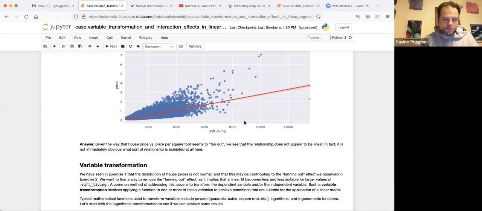What the logarithm does is make the smaller values proportionally larger and the large values smaller. So it has a compression type of effect, okay? We're going to see what happens when you take a logarithm, but you will see that those extreme values will be much less extreme.